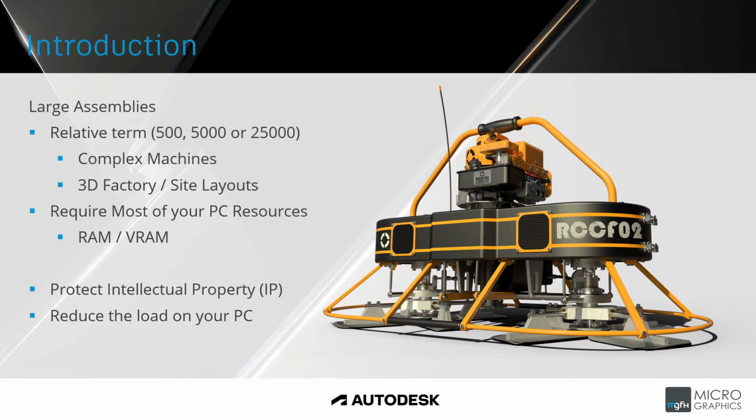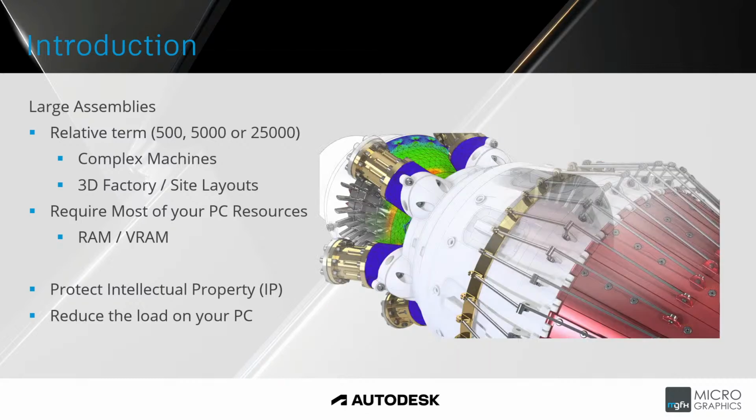But typically we would look at complex machines, as we see on the right-hand side here. We have a complex machine made up of many parts. And we have also this jet engine, even more complex, made up of even more components. So large assemblies could be complex machines.